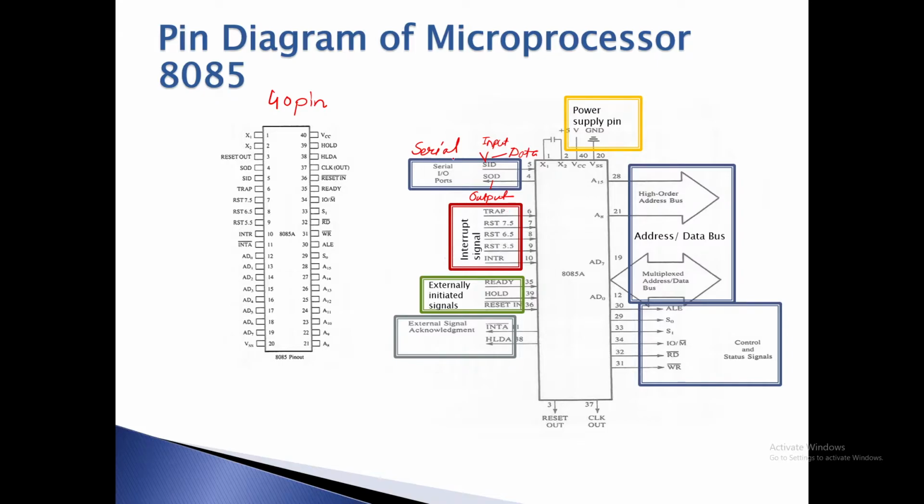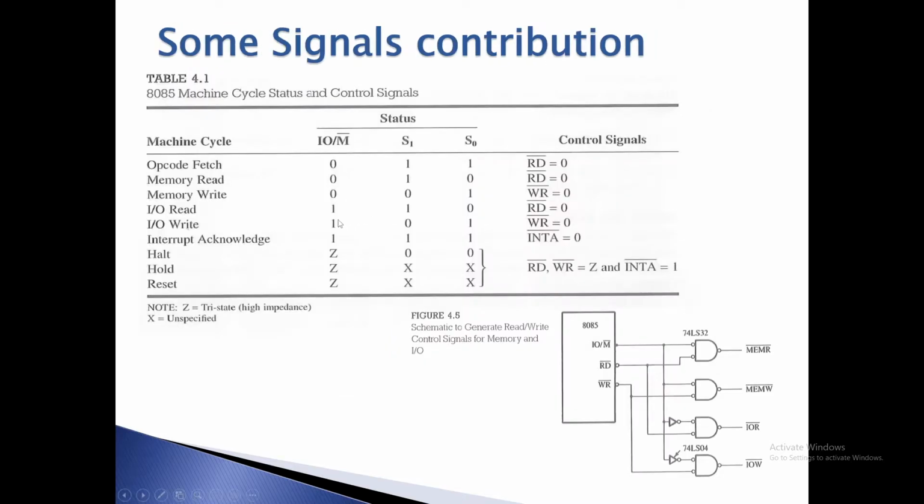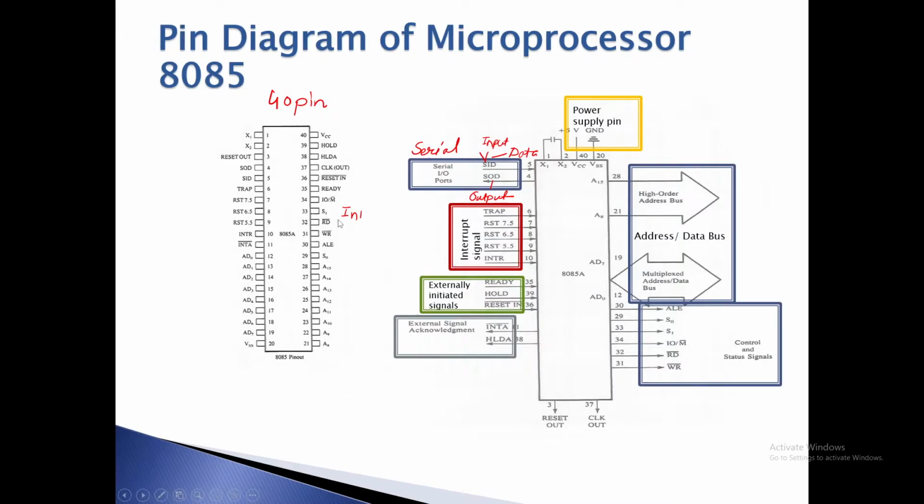Then, apart from the serial communication, we have interrupt signals. Before understanding the interrupt signals, we have to understand the word interrupt. Interrupt means some sort of interruption. When someone is walking and you interrupt him in his work, the word interrupt comes.